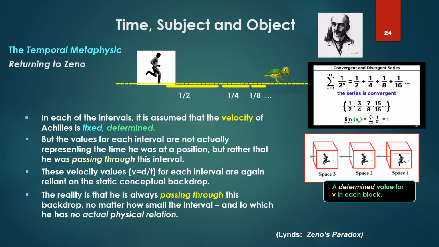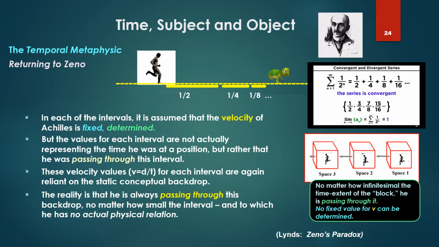The reality is he's always passing through this backdrop, no matter how small the interval, into which he has no actual physical relation to this backdrop. So no matter how infinitesimal the time extent of the block in which we're determining that velocity, he is actually passing through it. No fixed value for v can be determined.